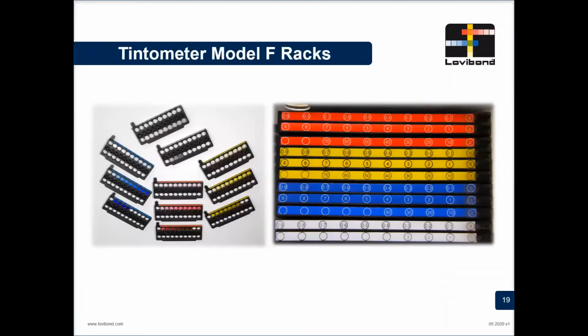If we're looking at our Model F, where we've got red, yellow, blue colors combining together to give a multi-dimensional color, we can match a lot of different colors rather than just a single color. So this is the beauty of a visual instrument.